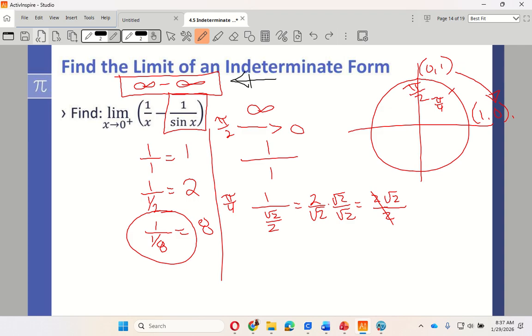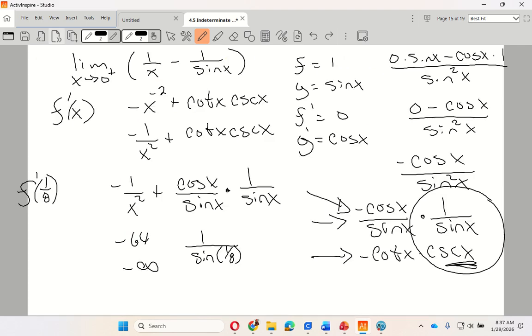As I got right here, it kept getting bigger and bigger, and that's the reason why it had infinity. And that's going to be the same thing that's going to happen over here.